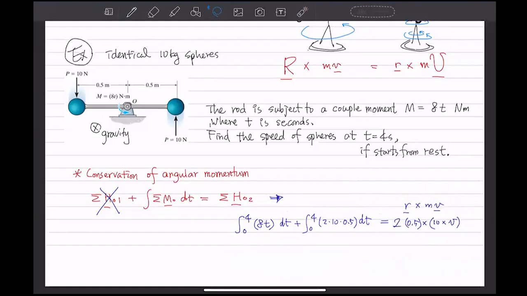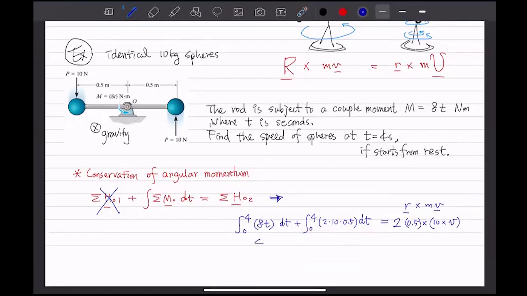Because we also have these masses, right? And that is continuously applied to this point here, so we have that term there.